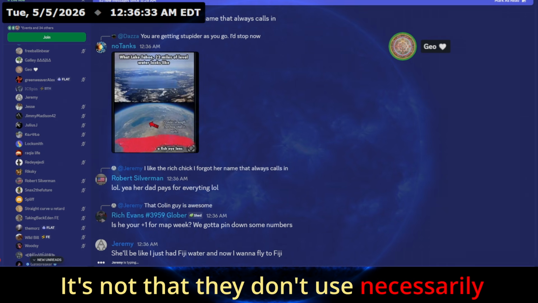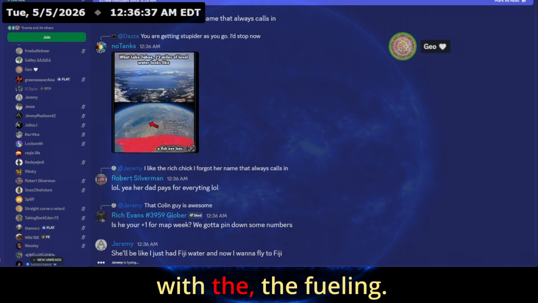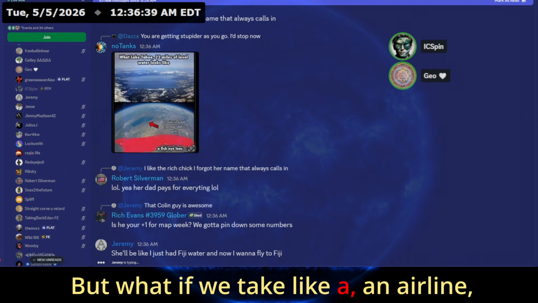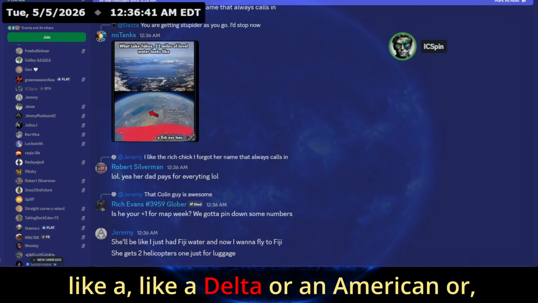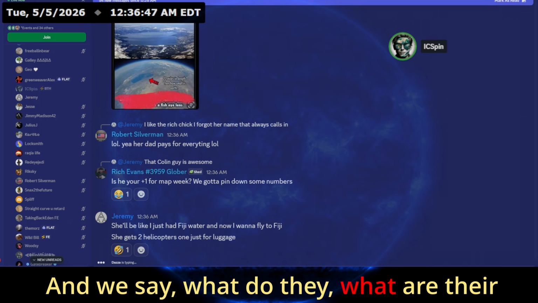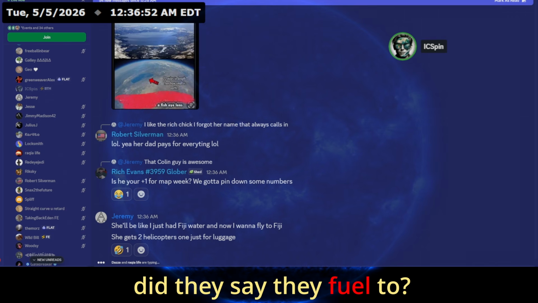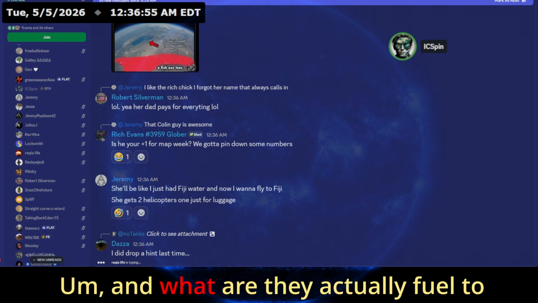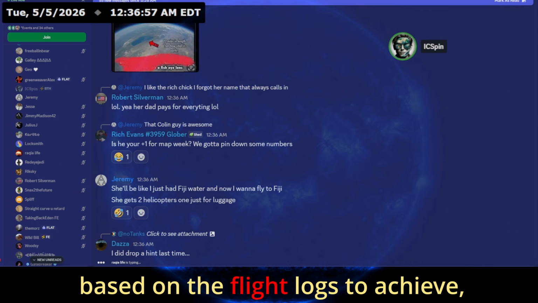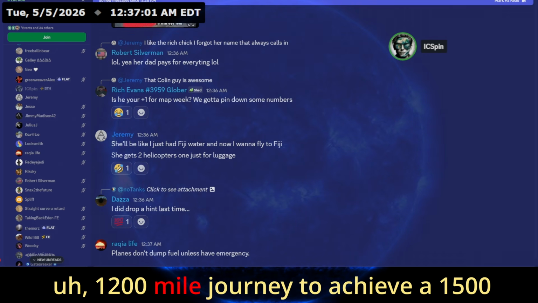It's not that they don't use any fuel necessarily, but I'm just saying there could still be something shady going on with the fueling. But what if we take an airline like Delta or American or United, and we ask what their guidelines for fueling are? What do they say they fuel to, and what did they actually fuel to based on the flight logs to achieve a 1,200 mile journey, or a 1,500 mile journey?